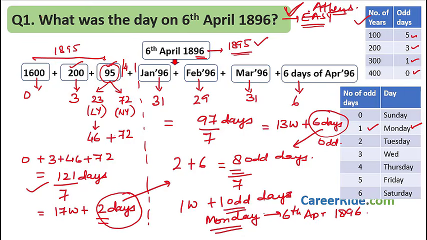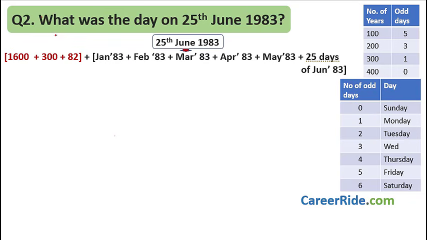Okay, let's go ahead. Let's see one more question. What was the day on 25th June 1983? Now when I look at 25th June 1983, I know that the years till 1982 are totally complete and it is 1983 that is running.